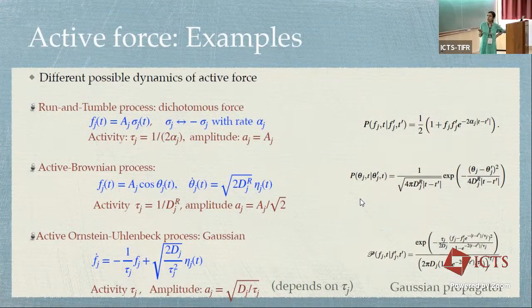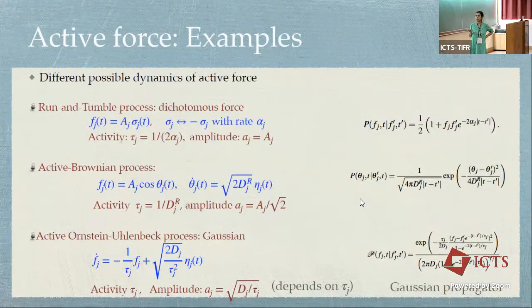Another is the active Brownian process, where this force is derived from some angle. You can think of it as some internal angle of some particle, and that undergoes a diffusion. And again, you get an exponential correlation with the activity now given by the inverse of the diffusion coefficient. Okay, and then there's the Ornstein-Uhlenbeck process, which we saw.